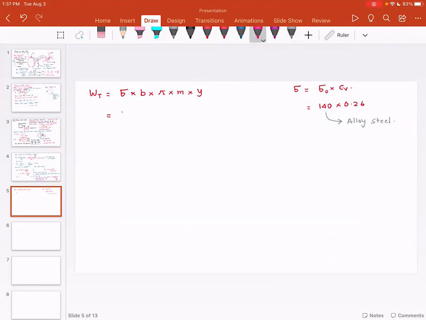And then the value is 140.26. Now I need to assume the ratio between B and M, so face width by module. I'm going to assume this ratio to be 10.